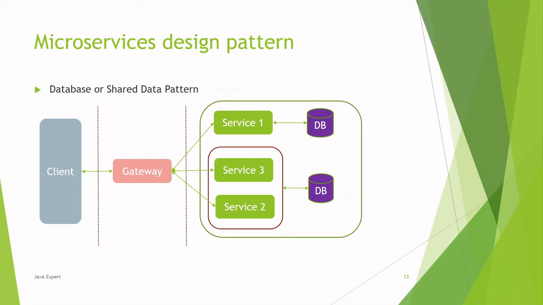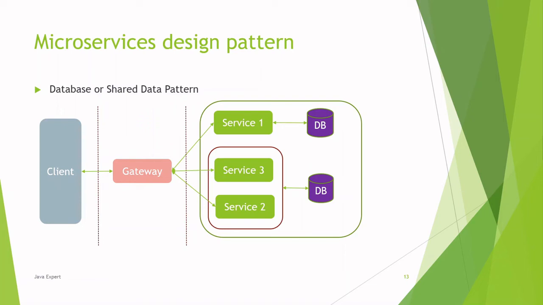The database or shared database pattern means, if you see the diagram, service 1 needs a separate database of its own. Yes, we have a separate database for that. Service 2 and 3, okay, these two services can share a common database. We have a common database for service 2 and 3. So these all are based on the services and their nature, where we need not duplicate the data between the services.